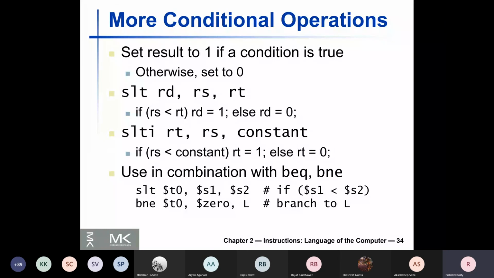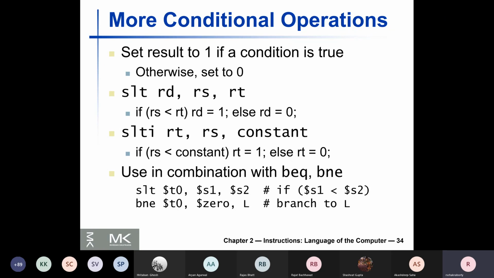Support for parallelism. Now there are two very interesting instructions called SLT and SLTI, and we will finish with this today. SLT is set if less than. How does it work? It compares the contents of two register values RS and RT in a 2's complement fashion.